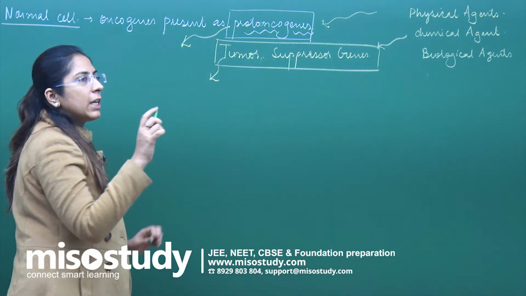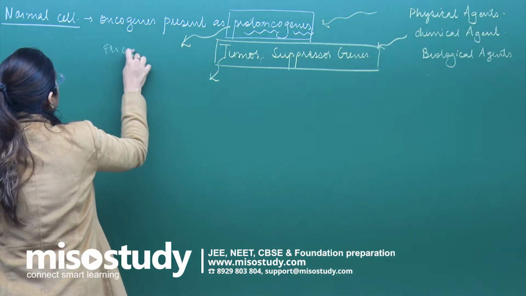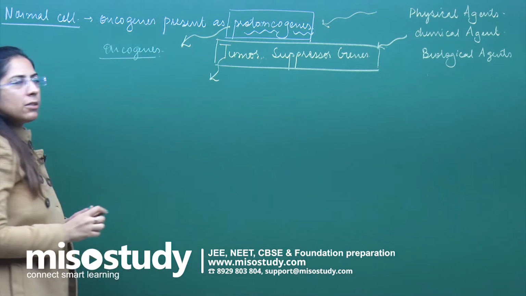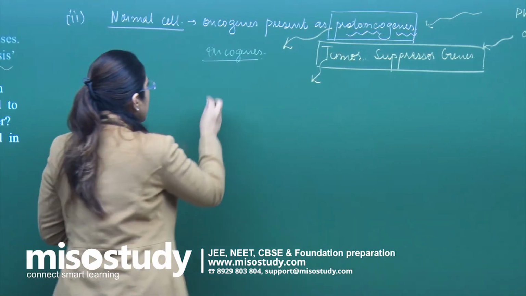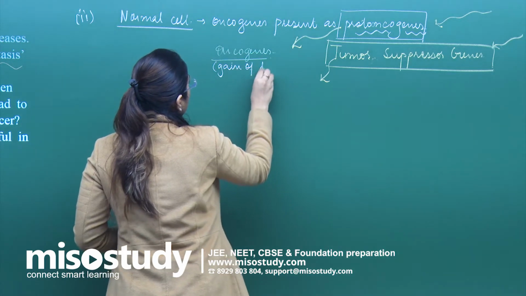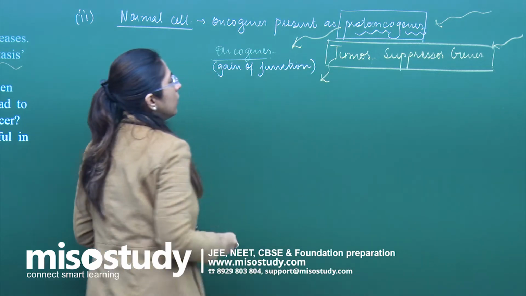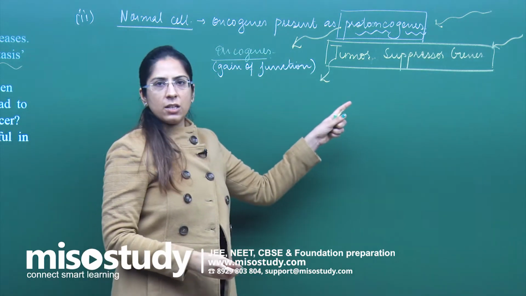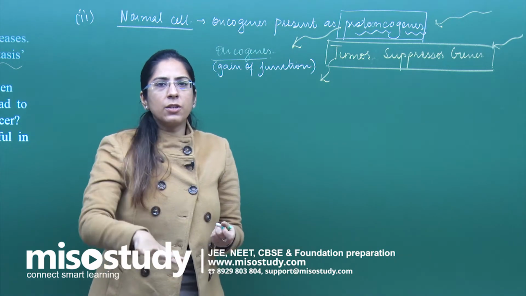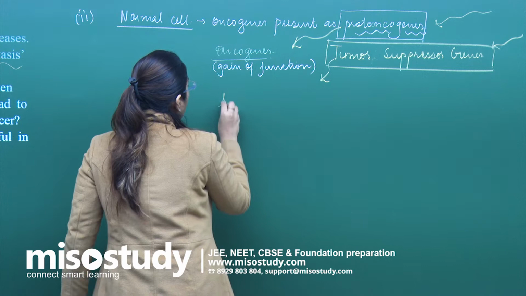Proto-oncogenes, which are present in an inactive form, will be converted into oncogenes. That means there is a gain of function. As far as tumor suppressor genes are concerned, they are normally present and suppress the tumor. Here there is a loss of function.